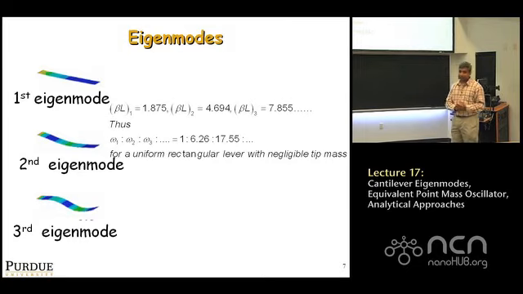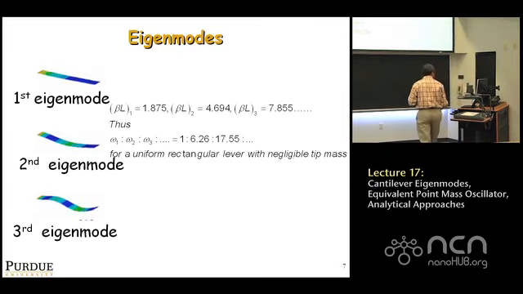So, this is important. The key thing is that the frequencies of the second mode to the first don't scale by a factor of 2 or 3. They scale more like funny numbers. Frequency of second mode to the first is somewhere between 6 and 7. Frequency of third mode to the first is somewhere between 17 and 18, and so on. Okay? So these are different eigenmodes, and we now know how to calculate the characteristic shapes corresponding to the eigenmodes and so on.